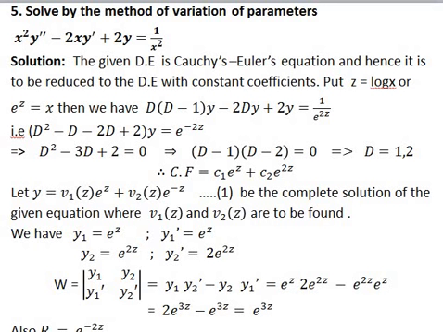Determinant expansion: we get e to the power of z into 2 e to the power of 2z minus e to the power of 2z into e to the power of z, is equal to 2 e to the power of 3z minus e to the power of 3z, equal to e to the power of 3z. And also r is equal to 1 over e to the power of 2z, which can be written as e to the power of minus 2z.